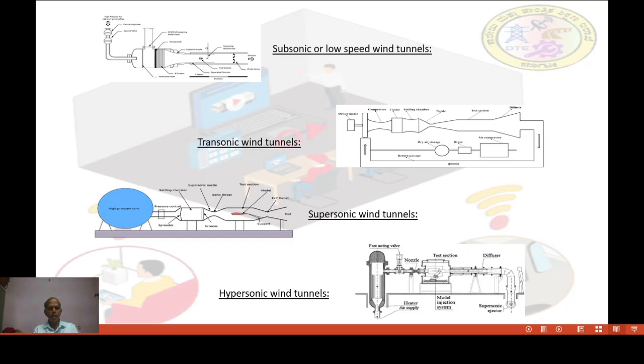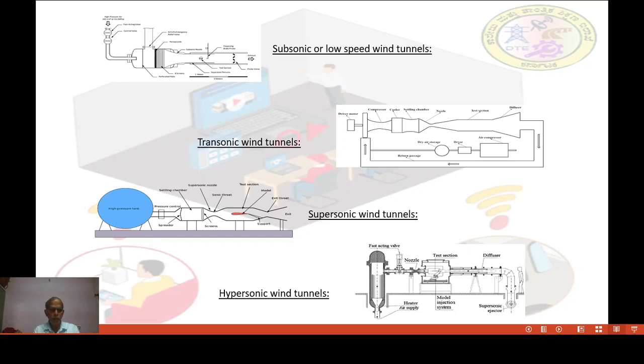Next one, testing wind tunnel, hypersonic wind tunnels. The name indicates that the speed is very high compared to sound. That's why it is called a hypersonic wind tunnel. Here the main parts are as shown in the figure.